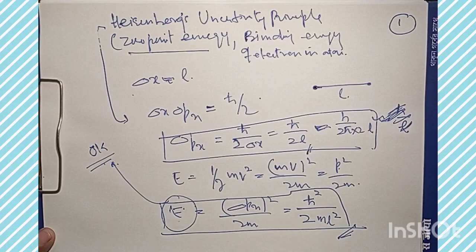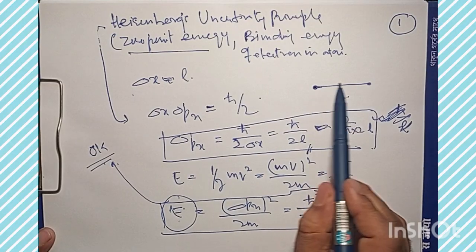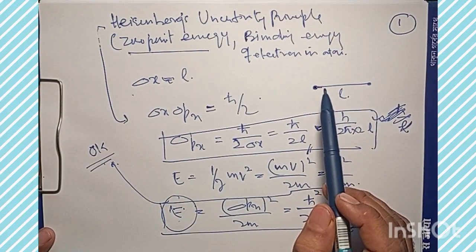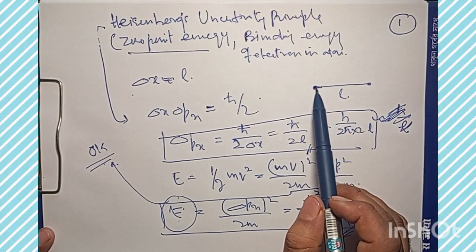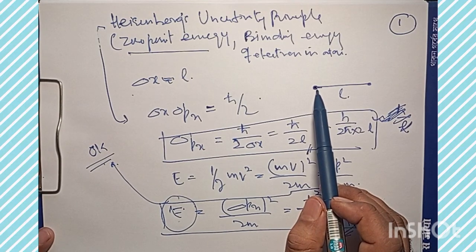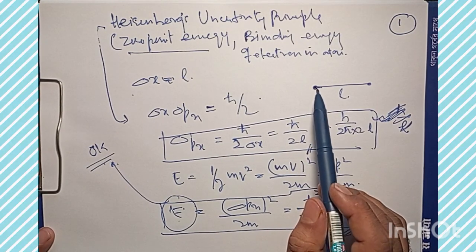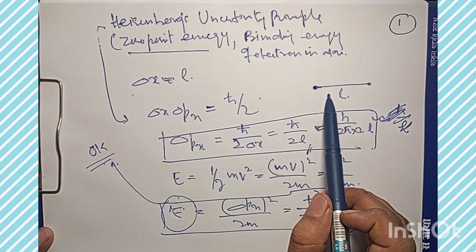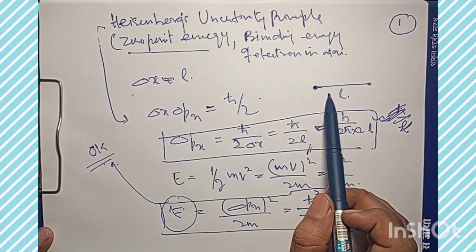To say the same thing in other words, a particle confined to this finite dimensional potential is never at rest, not even at 0 Kelvin, because that would mean px should be zero for this particle, and it should have no uncertainty in the measurement of its momentum.